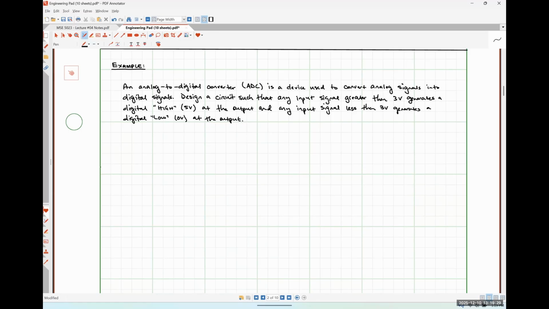Inverting or non-inverting comparator? Non-inverting comparator. Why? When the input goes greater, we want the output to go high. Yep. So we want the output to go high when the signal is greater. So that is non-inverting comparator behavior. Okay. So I'm going to start by drawing my op-amp circuit.